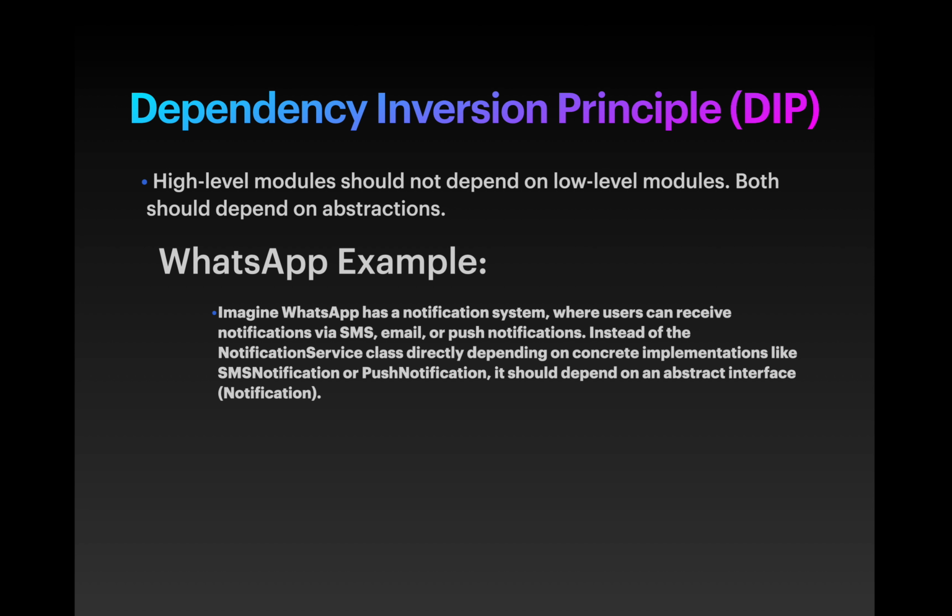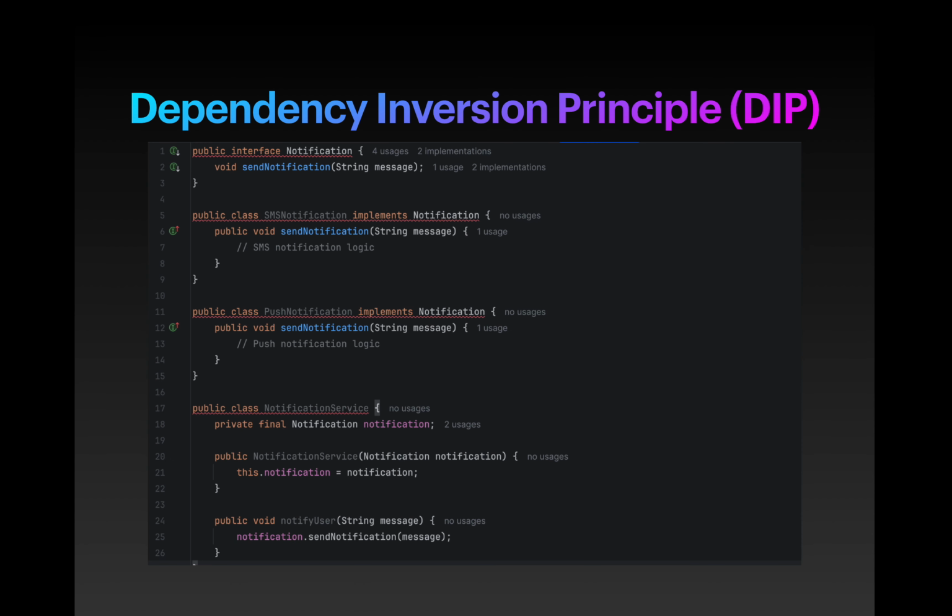Instead of the notification service class directly depending on the concrete implementation like SMS notification or push notification, it should depend on an abstraction, the notification interface. So in this example, the notification service class does not directly depend on the SMS notification or push notification class. Instead, it depends on the notification interface.